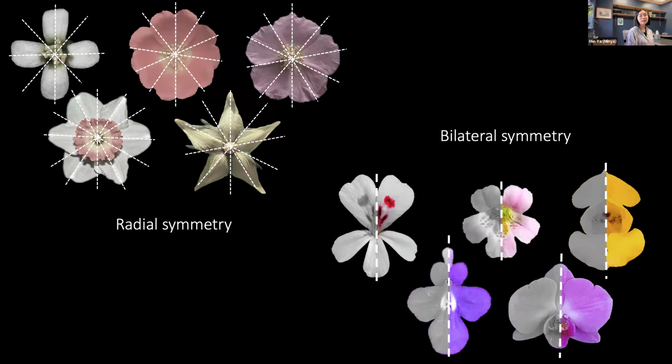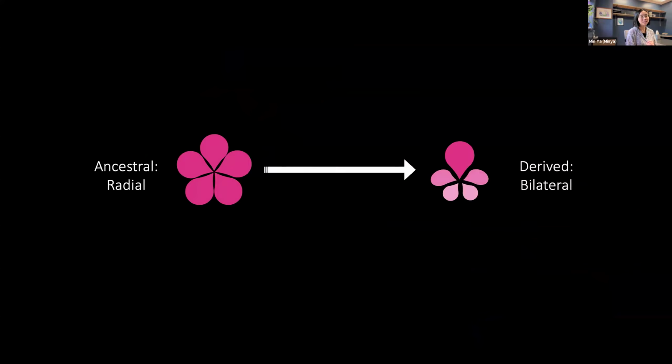From an evolutionary perspective, the ancestors of all flowers and of all the major flowering plant groups are predicted to produce radially symmetric flowers, so bilateral symmetry is a derived state. The current estimation is that as many as 200 transitions happened between these 2 forms, so floral symmetry is a very evolutionarily labile trait.